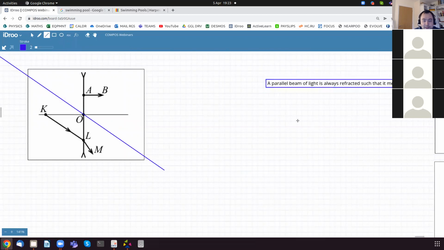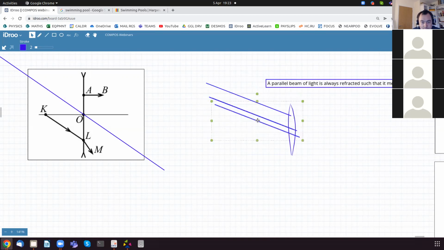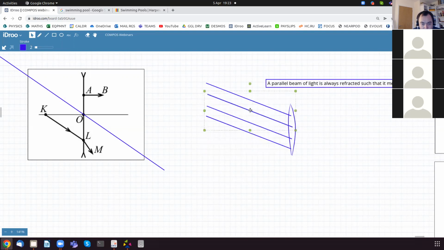Well, if we have a lens, I'm just going to draw a lens like this. So if you have a parallel beam of light, this is the focal point, and this is the focal plane.